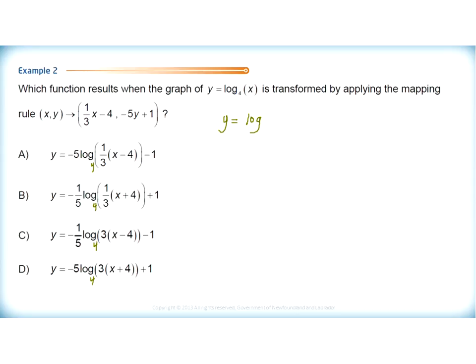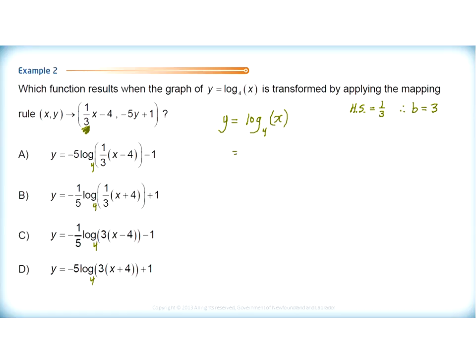So then, if we're transforming y equals the log of x to base 4 using the mapping rule, let's take care of the x's first. When we see 1/3 in the mapping rule, we know that there is a horizontal stretch equal to 1/3. Therefore, the value b in front of the x will equal the reciprocal of that.